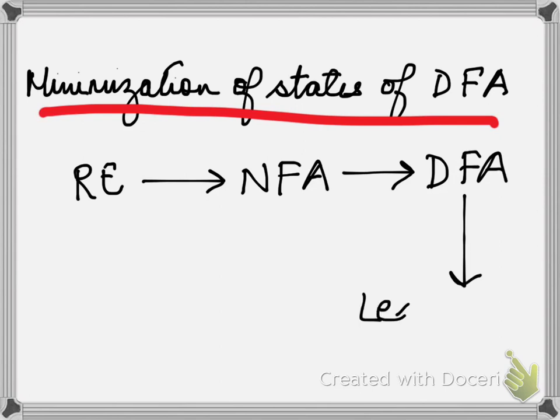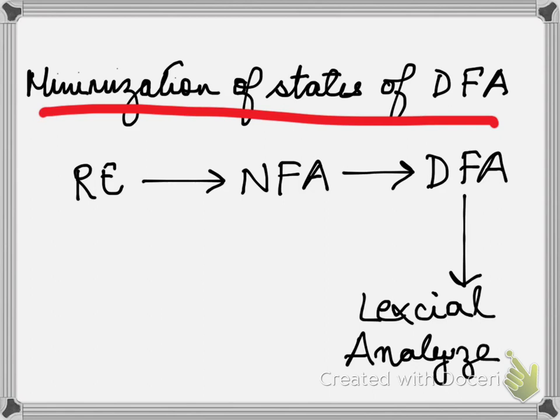So our lexical analyzer can be constructed directly from our DFA. But if the DFA that we have constructed consists of a large number of states, our lexical analyzer program will become much slower as compared to a DFA with the minimum number of states.